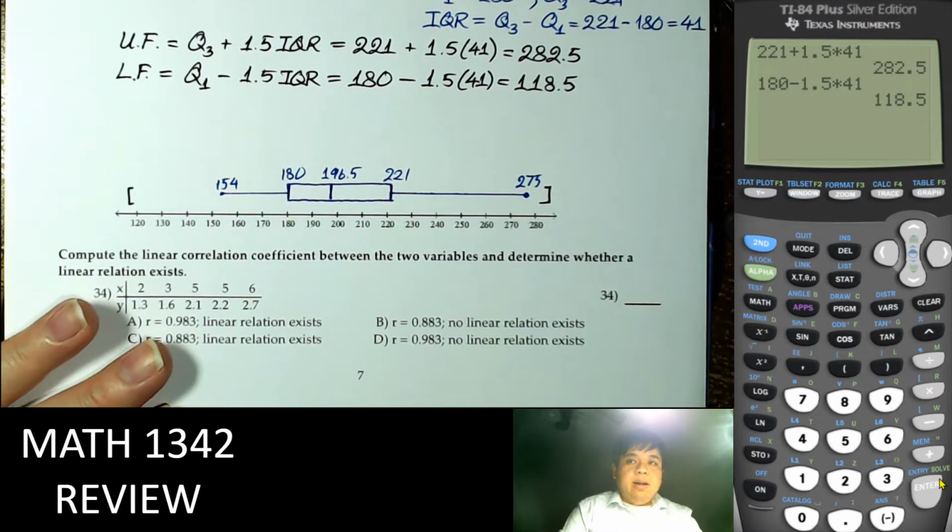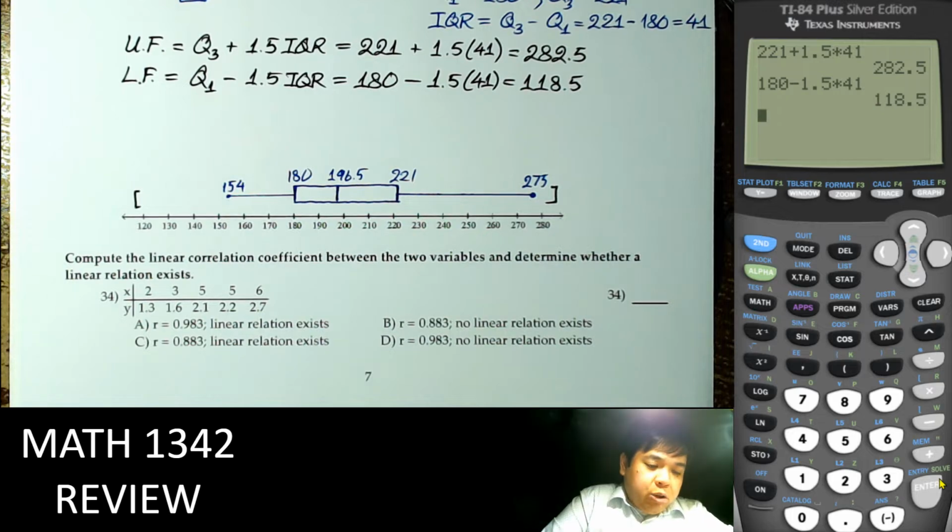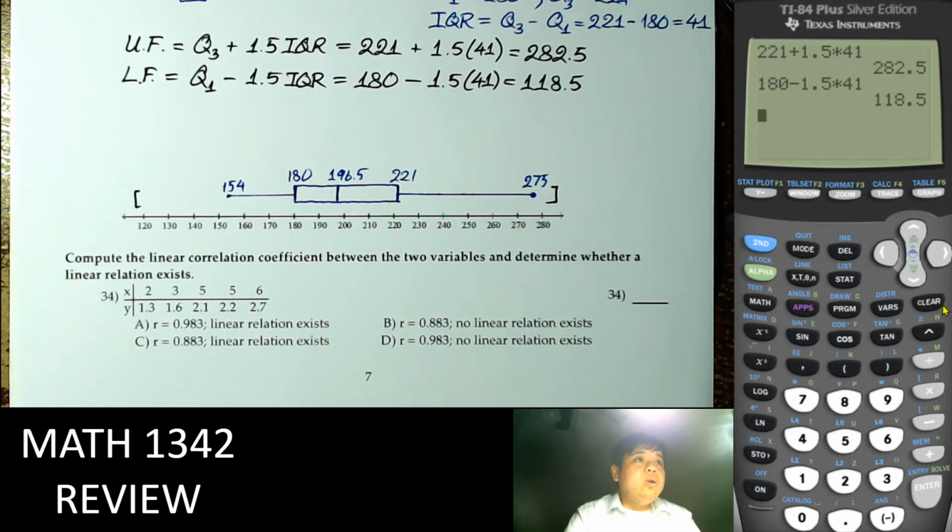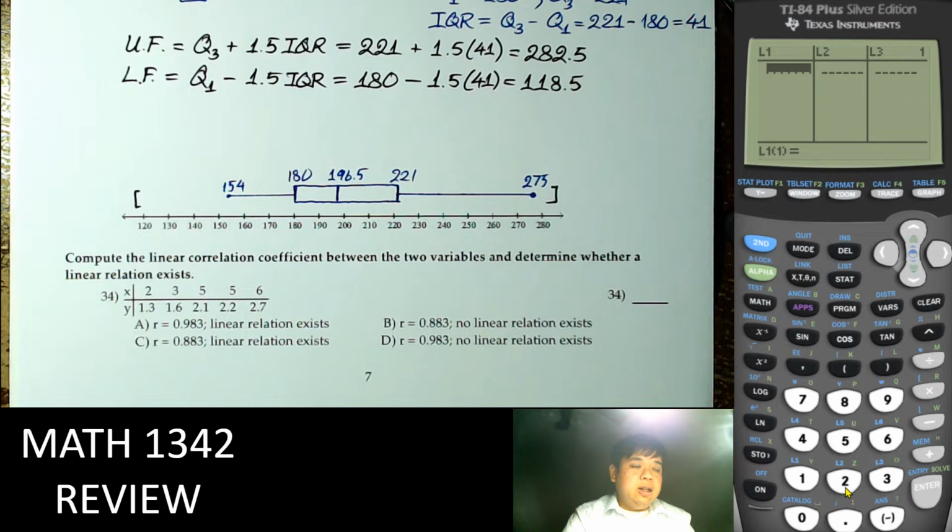Right. Next, compute the linear correlation coefficient between the two variables and determine whether a linear relation exists. So this will be very easy. We just put both of them in list 1 and list 2 using the calculator.